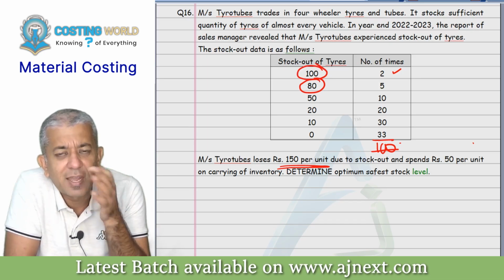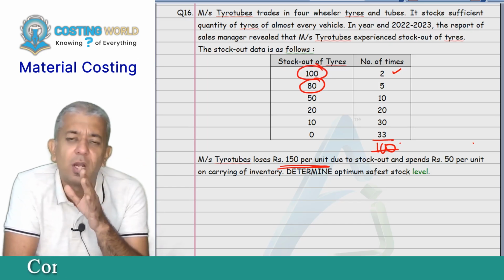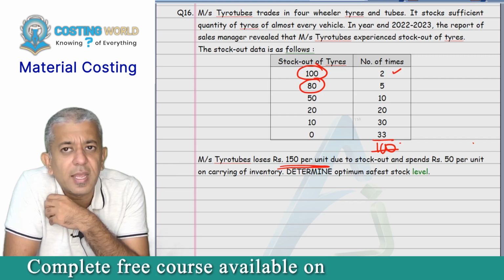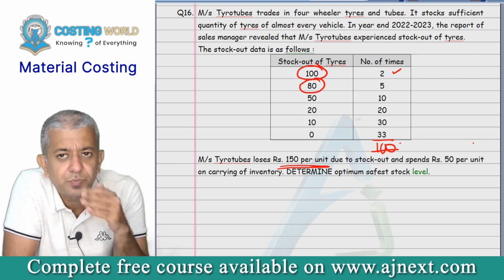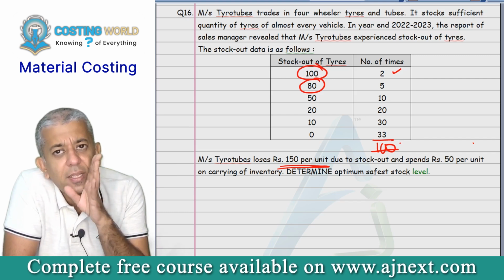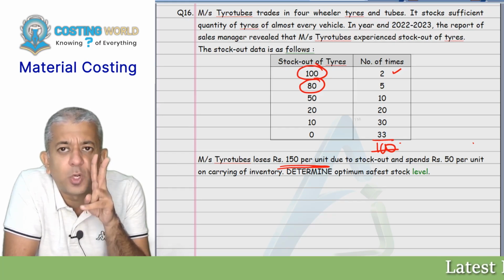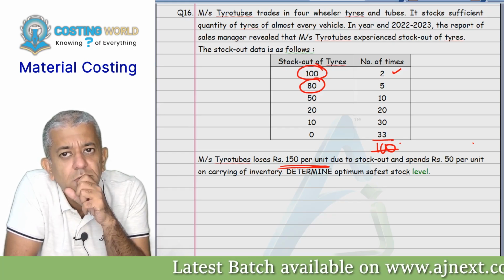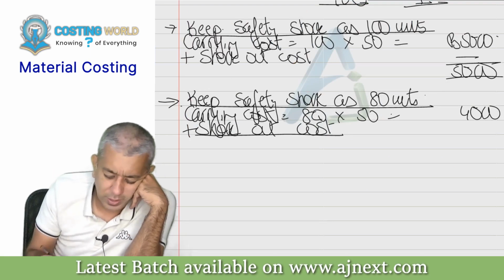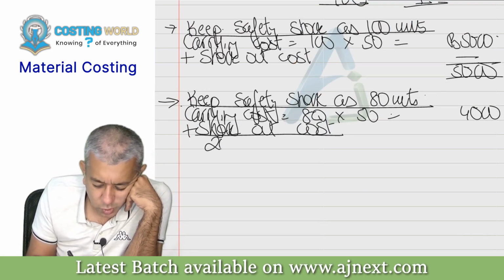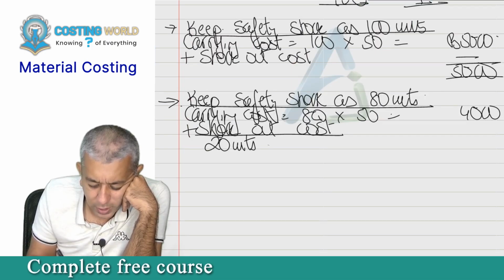Correct, no? Can we say if suppose there is extra demand for 100 units, I already have out of 100, how much extra? 80. Can we say I will lose out the profit on those 20 units, no? Yes. Okay, so therefore in this particular case, stock out cost will be on 20 units into 150.